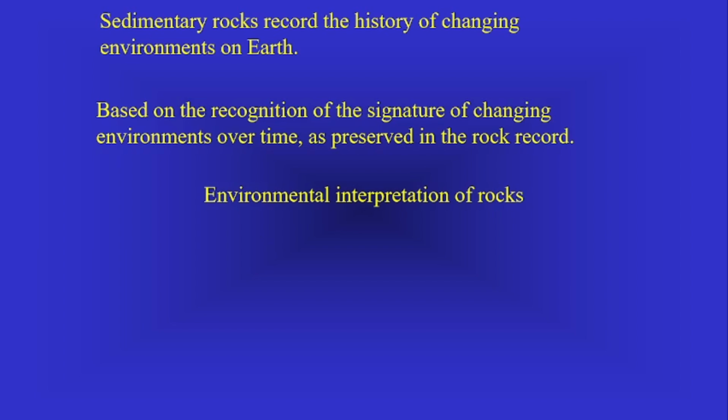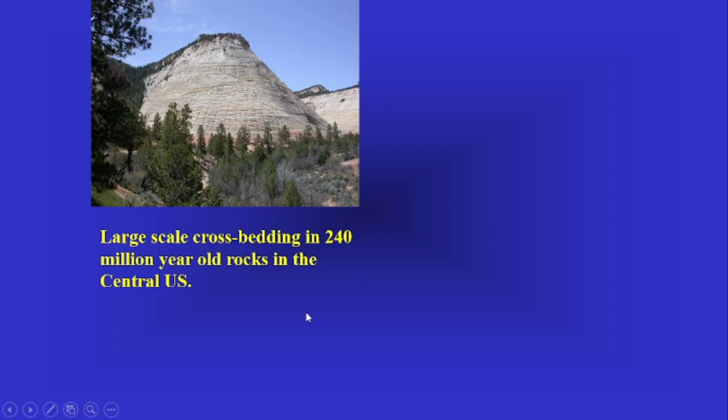We will understand the depositional environment from those sediments or sedimentary rock, plus the age of the rock. If you understand the environment of deposition of those rocks plus the age of the rock, then you have the earth history.